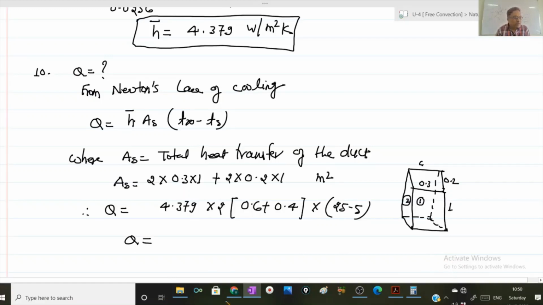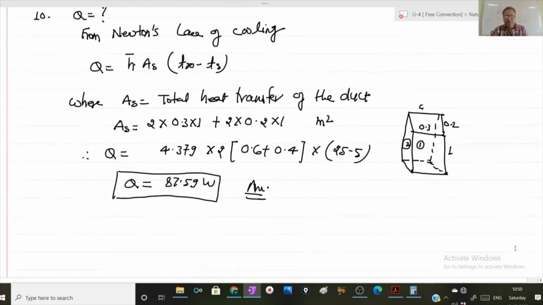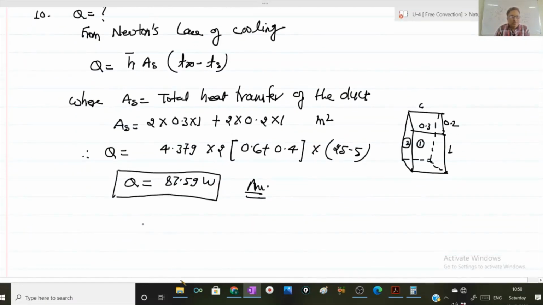So heat transfer rate comes out 87.59 watt. So this much heat will be gained by the duct carrying cold air from all its four surfaces. So this way you can solve this problem.